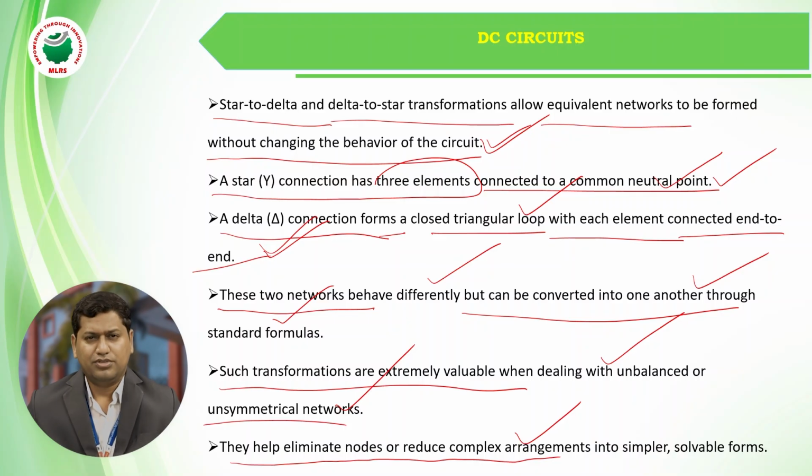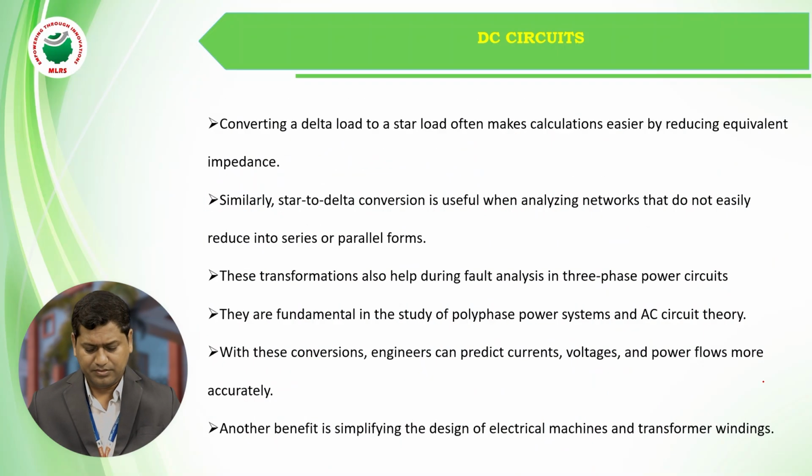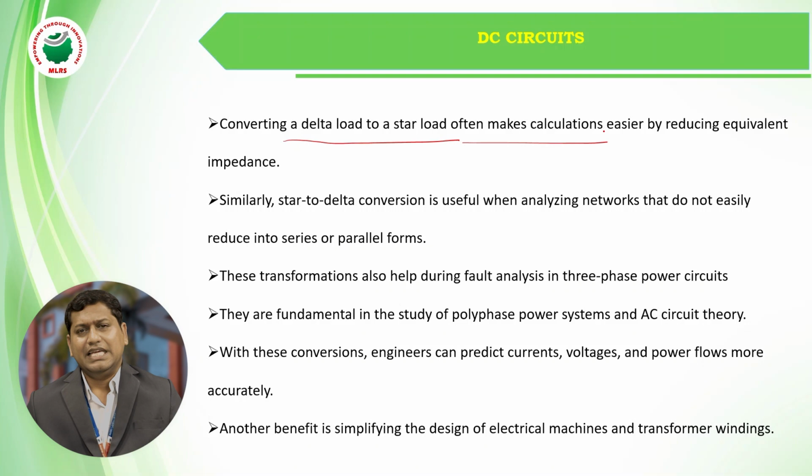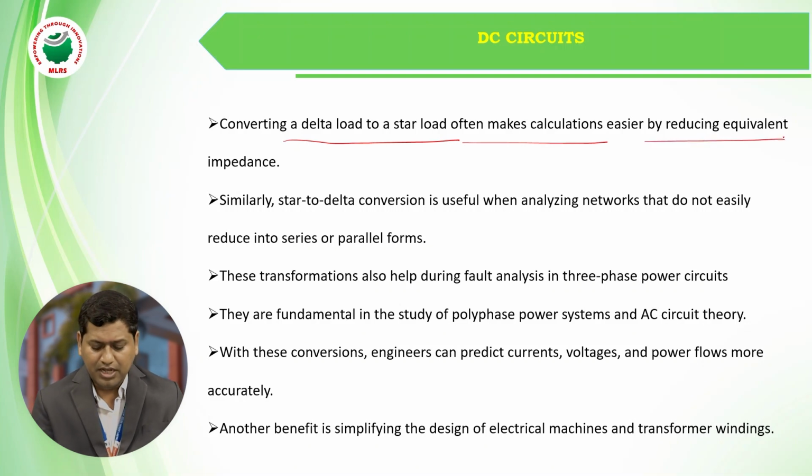So what are we trying to do? Finally we are reducing the circuit by applying the formulas. Converting a delta load to a star load often makes calculations easier by reducing the equivalent impedance.